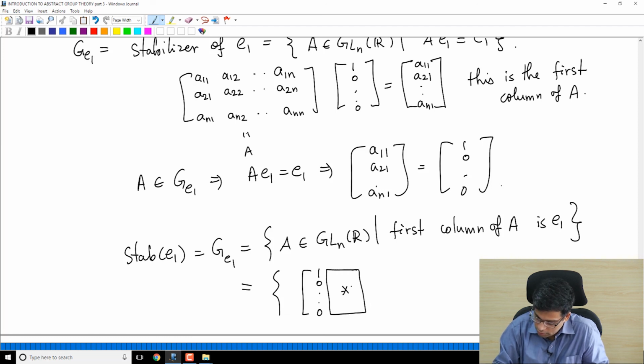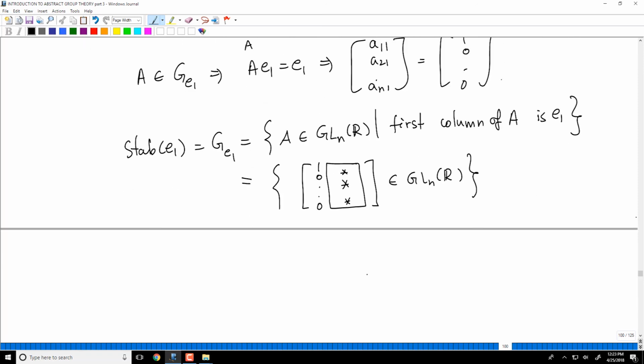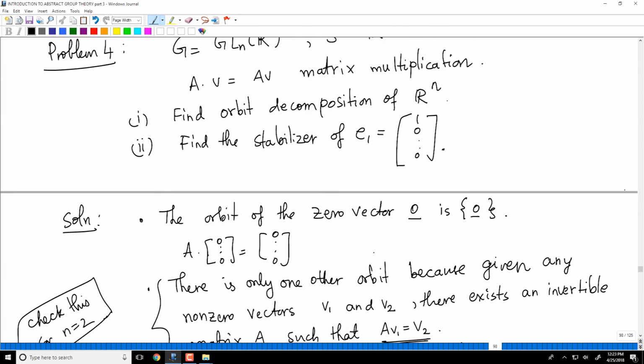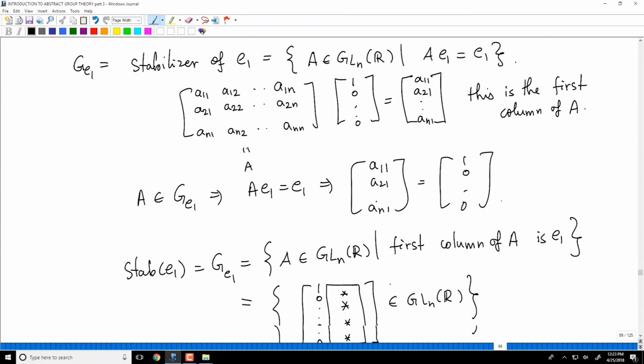This part is arbitrary. Of course, it must be something in GL_n(R), right? Remember there is no condition on a12, ..., a1n, a22, ..., a2n, an2, ..., ann. They do not contribute to the product at all, so they can be anything. The only condition is the first column must be (1, 0, ..., 0), that is e1. The star means it can be anything, but in a way that this whole matrix forms an invertible matrix. So this is the stabilizer of e1. We have shown that the orbit decomposition of this is the 0 vector union the non-zero vectors, and we have computed the stabilizer of e1.